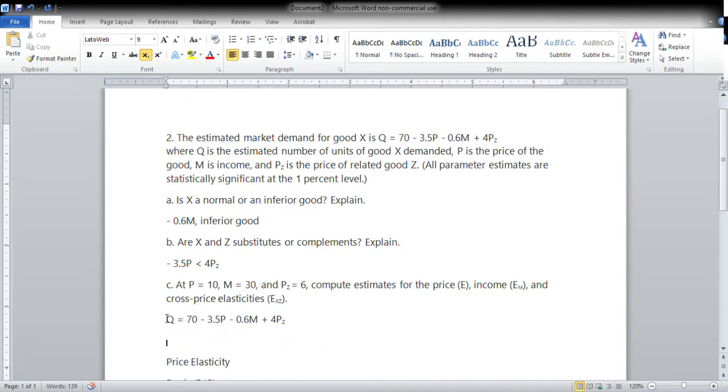Okay, Q equals 70 minus 3.5 times, and what is P? P equals 10.